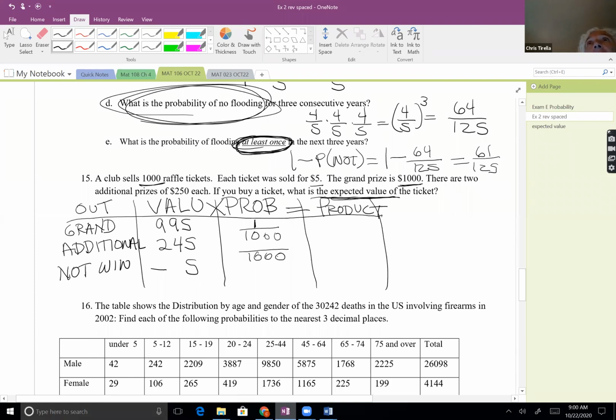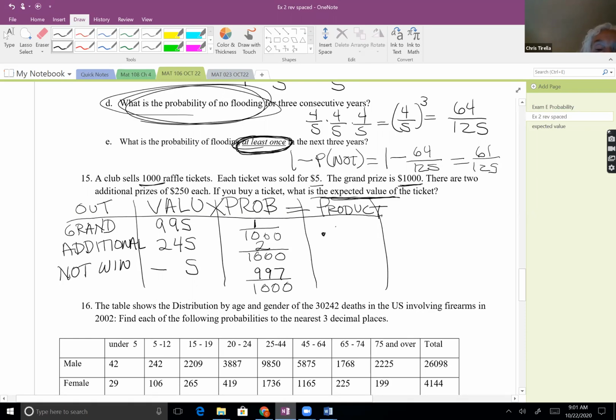How many additional prizes are there? 2. There's 1,000 tickets. How many of those 1,000 tickets don't win anything? 997. Beautiful. If there are 3 winners, sadly, that means there's 997 losers. That's how life works.